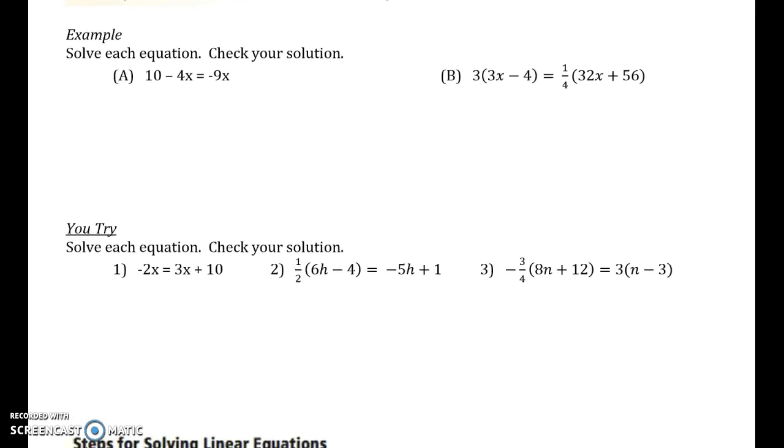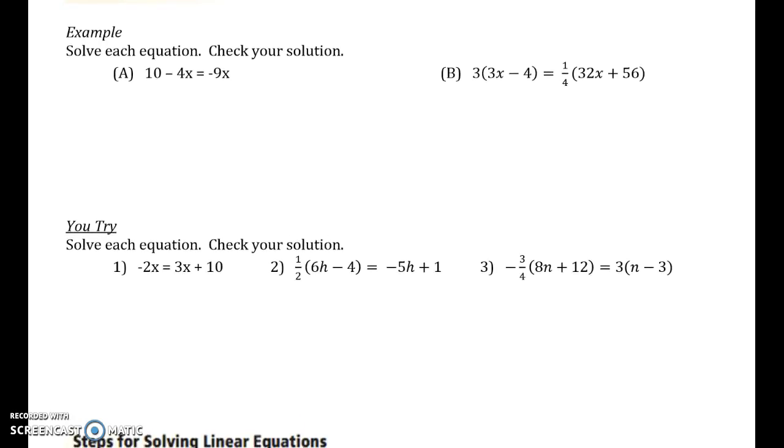So if we take a look back up here, looking at example A, what do we do to move all the x's to one side? Well, inverse operations. No matter what, we do the inverse operations to move from one side to the next. It doesn't really matter which side you move it to, but since there's only an x on the right side, I'm going to go ahead and add the 4x to both sides so I can get the numbers on the left and the variables on the right.